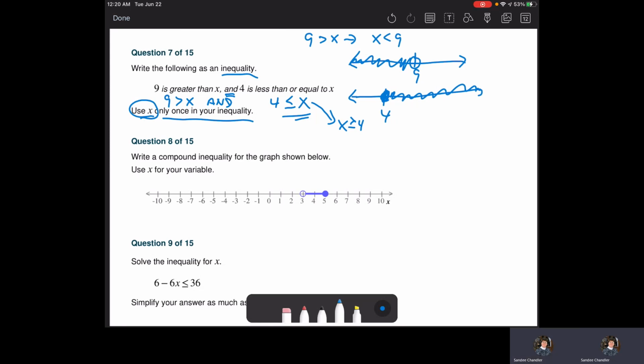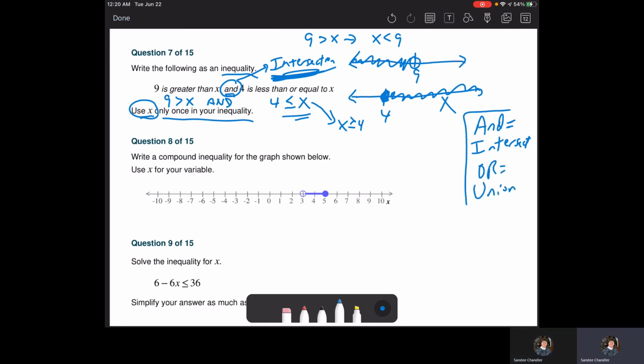Yeah, because 4 is less than or equal to everything that x is, and x is all the stuff over here. And means intersection. All right, so let me do the little hint over here. And is intersection. Or is union. Okay?